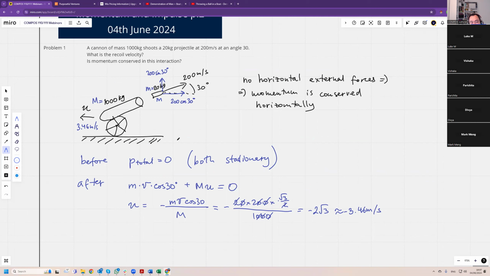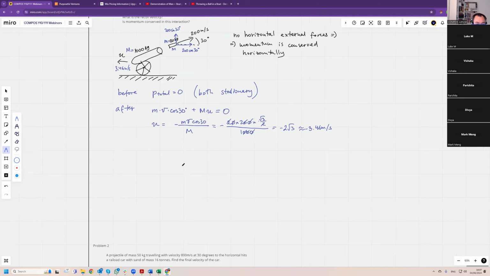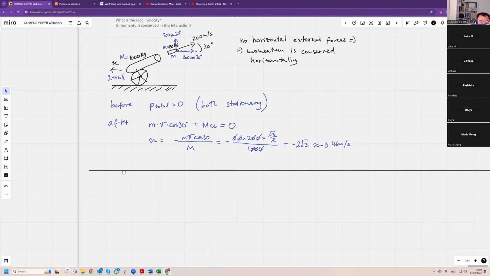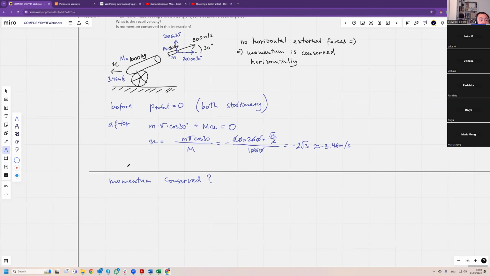But all right, is momentum conserved? So let's work it out. Momentum conserved, question mark. Well, let's figure it out.